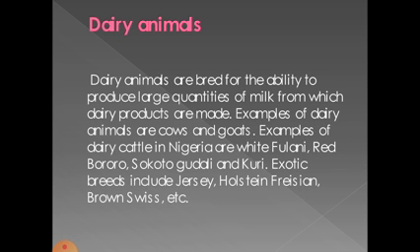Dairy animals. Dairy animals are bred for the ability to produce large quantities of milk, from which dairy products are made. Examples of dairy products include cheese and butter. Examples of dairy animals are cows and goats.